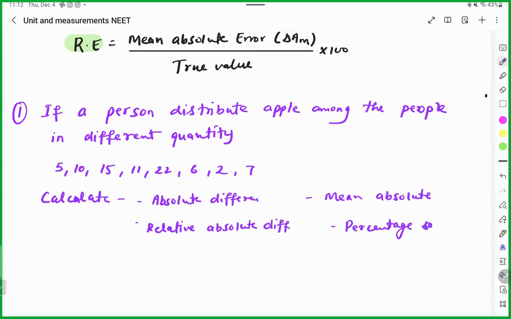Calculate all of this. You just calculate relative.